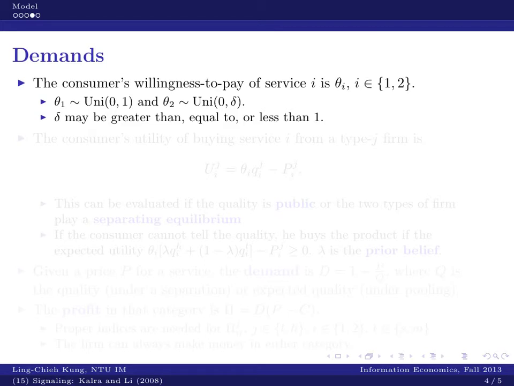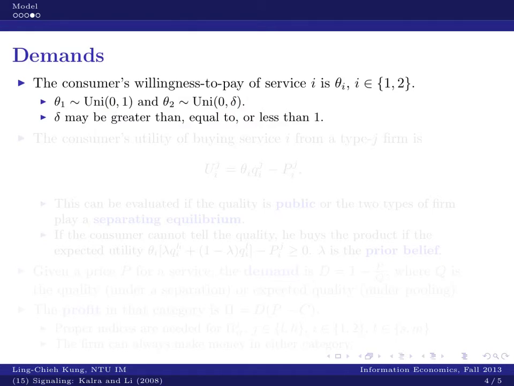Okay, something about demands. We assume that the consumer's willingness to pay lies uniformly between 0 and 1, or 0 and delta. Here, theta 1 is the willingness to pay for service 1, and theta 2 is that for service 2.